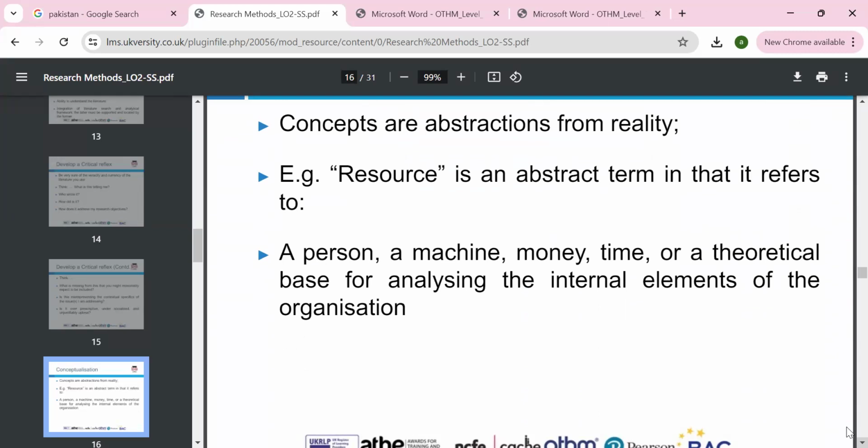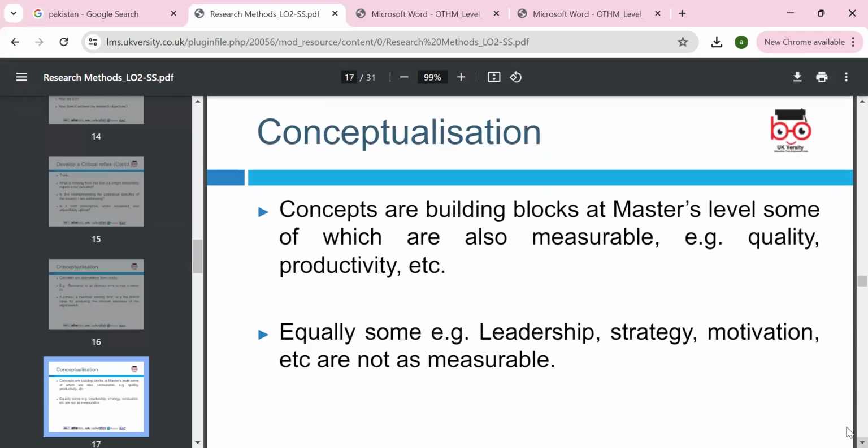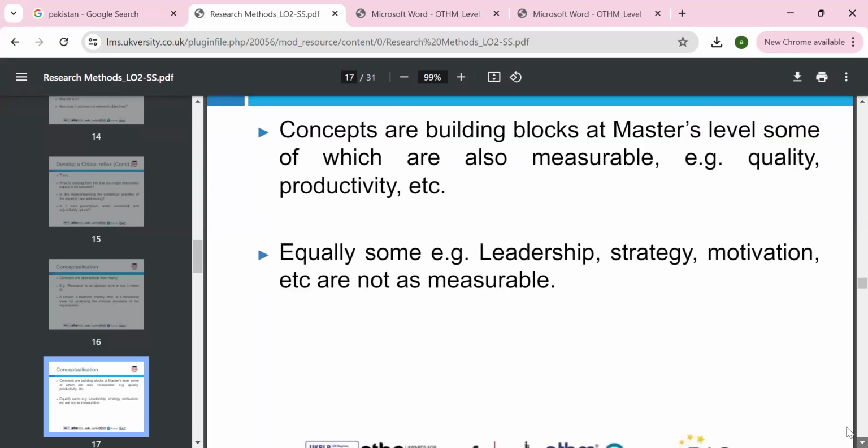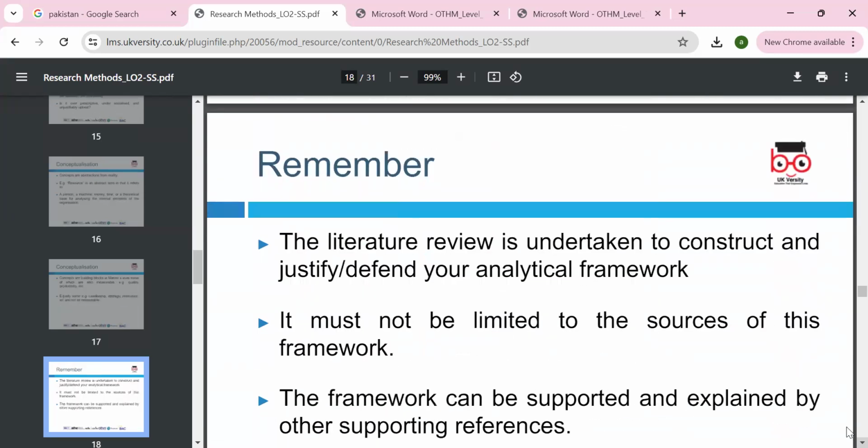Theoretical-based analysis of elements of the organization can be conceptualization. Of course, concepts are building blocks. At master level, some measure quality, productivity, leadership, strategies, motivation, depending on your topic, which we can look around when we make the proposal.